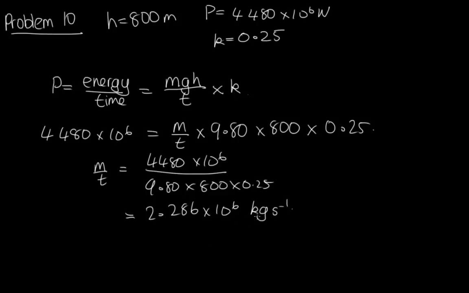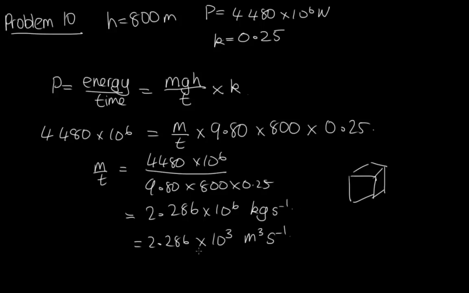Now we need to get the volume flow rate. This is the mass per second, but we know that if we have a meter cubed of water, it contains 1,000 litres, so 1,000 kilograms. And so to convert this from kilograms to meters cubed, we need to divide by 1,000. So this is equal to 2.286 times 10 to the 3 meters cubed per second.